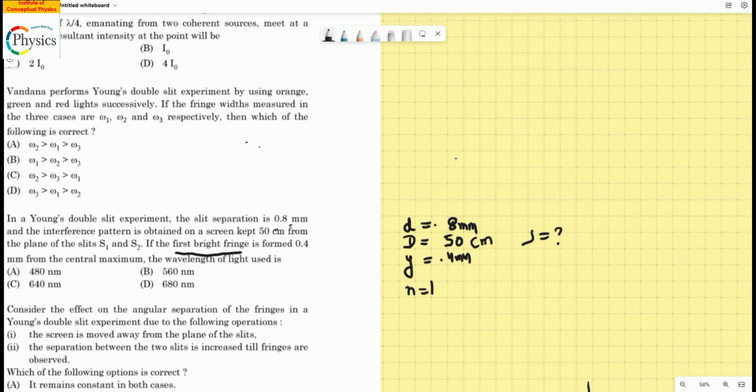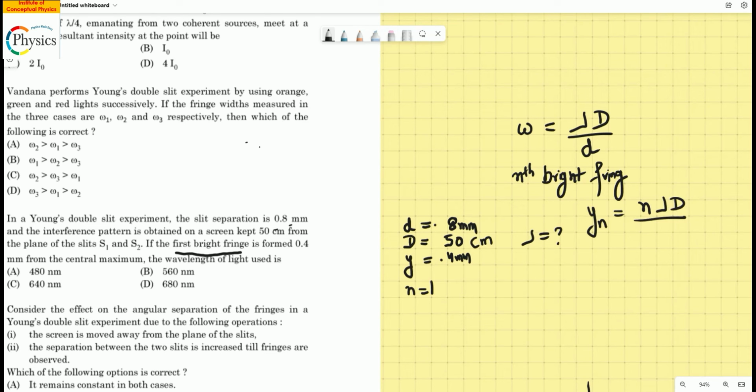Now, if you remember the formula for fringe width, it is given by lambda D by d. If you want to memorize the formula of the nth bright fringe, and find the position of this, it's given by y_n is equal to n lambda D by d.